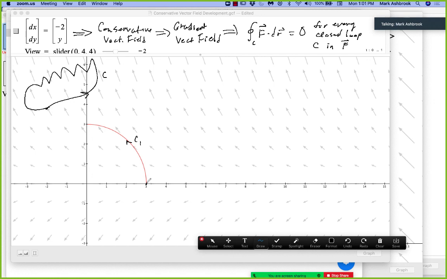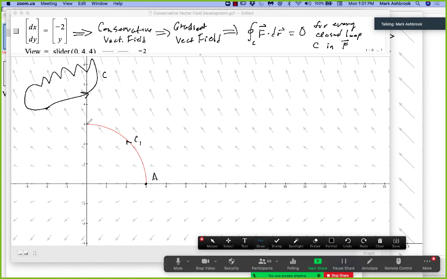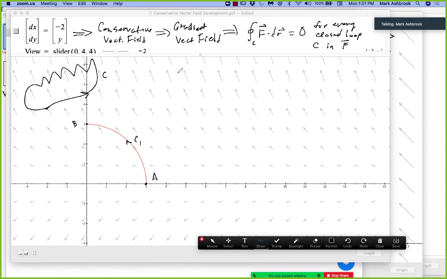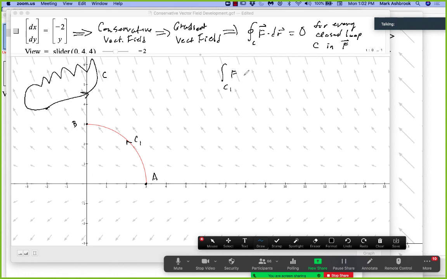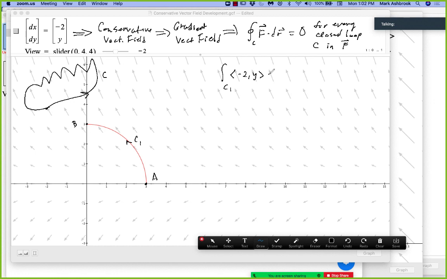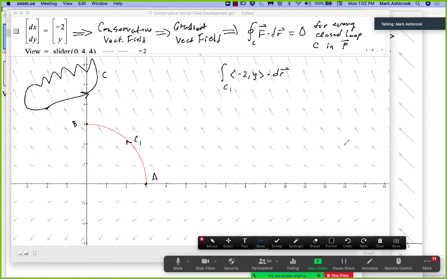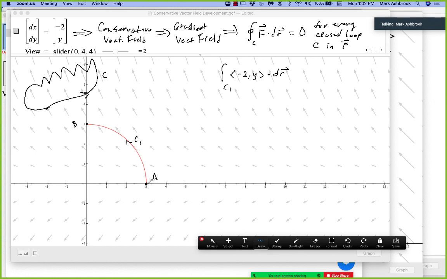It goes from (3, 0), call that point A, to (0, 3), call that point B. And so the line integral over C1 through F here. Let's do this. I'm going to write it that way. Okay, so there's our conservative vector field. So the value of this line integral from A to B along this path C1, since we're in a conservative vector field, is 0. Is that right?